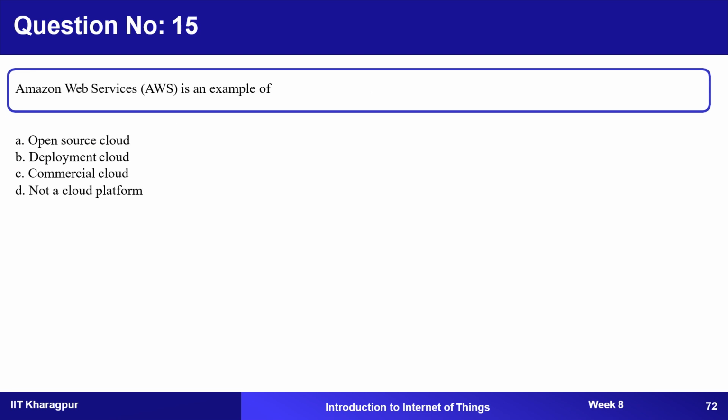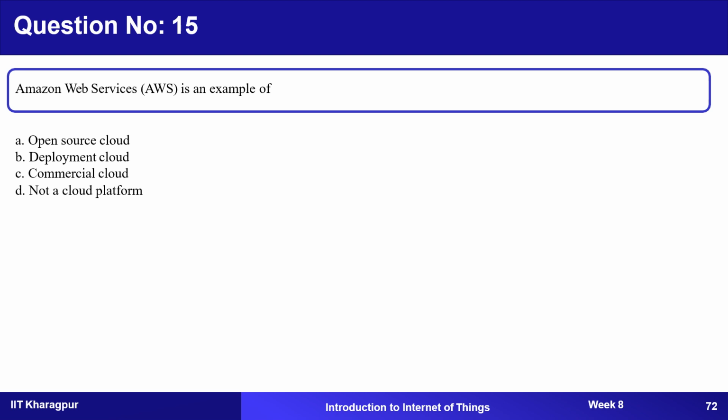Next question is, Amazon Web Services is an example of, options are open source cloud, deployment cloud, commercial cloud, not a cloud platform. Anyone?